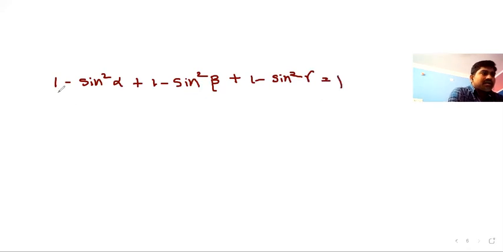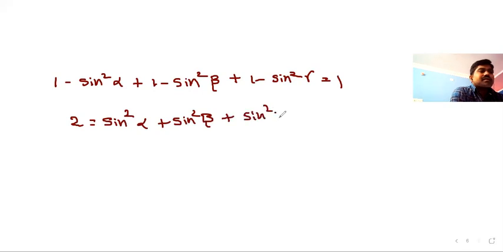Now, 1 plus 1 plus 1, 3 is there. On the right side, 1 is there. Then 3 minus 1 will be 2. For all sine square values, negative signs are there. If it goes to the right side, then 2 is equal to sine square alpha plus sine square beta plus sine square gamma. This is equal to 2. Okay, from the cosine law, we can write this equation also.